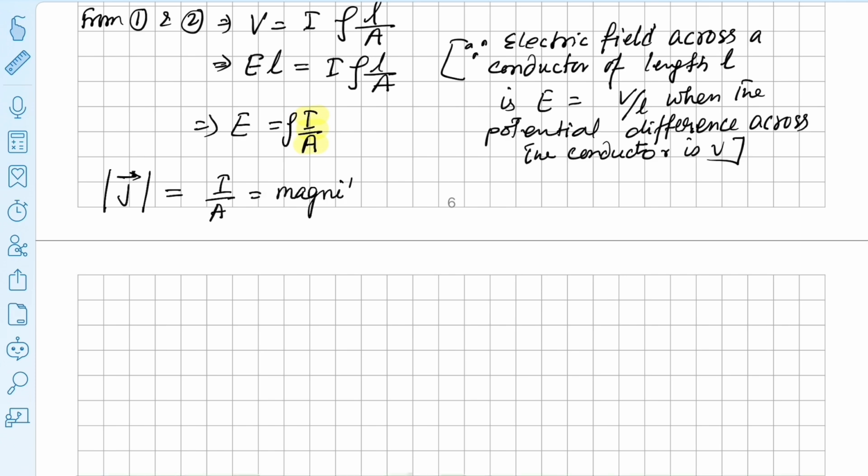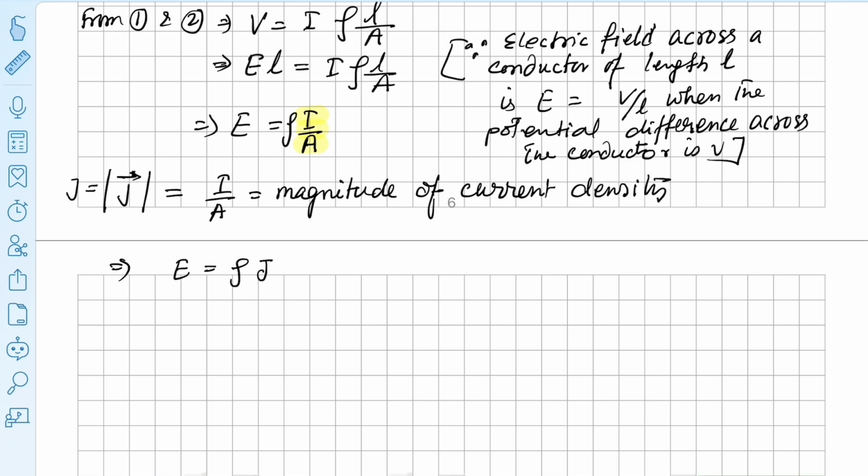So we can write that E is equal to rho into J, where J is the magnitude of current density, J vector.